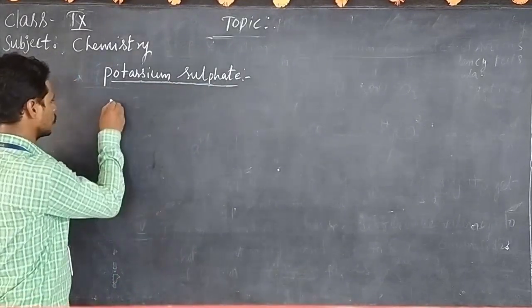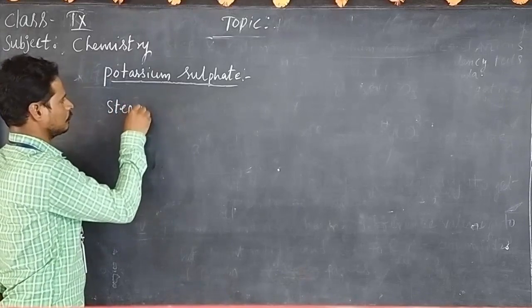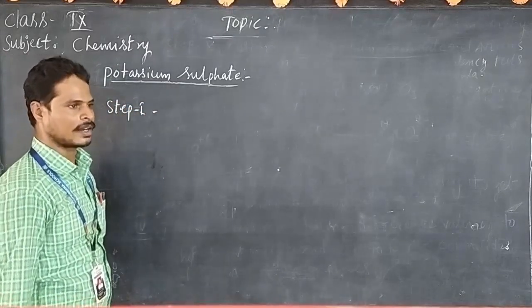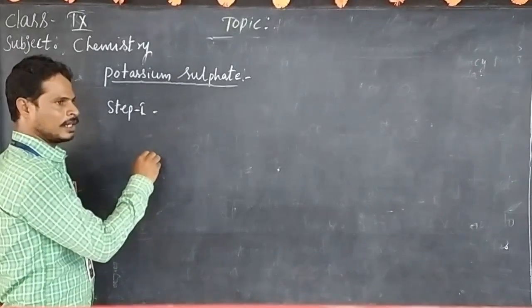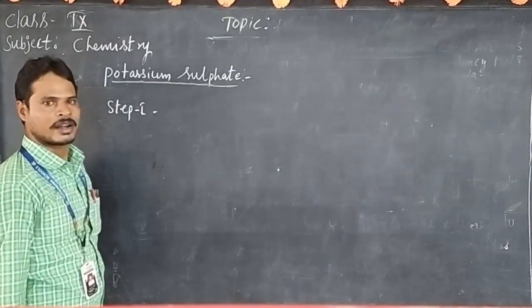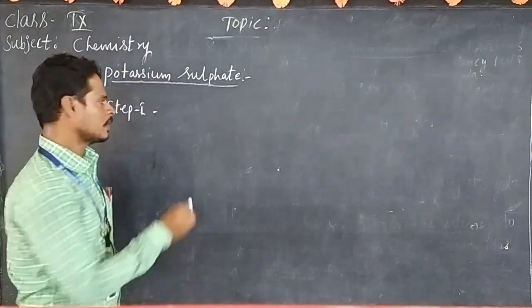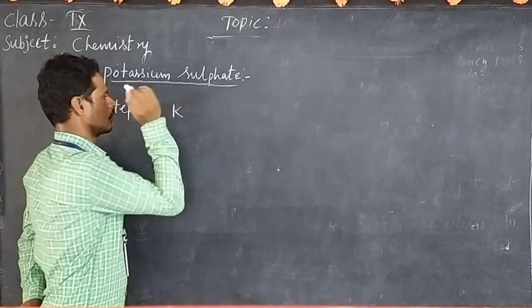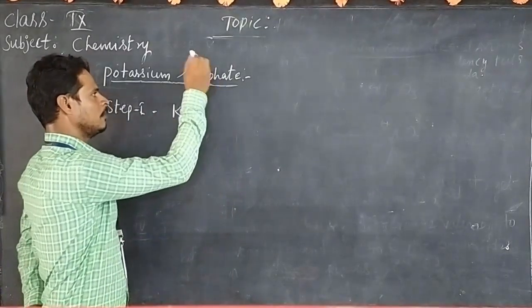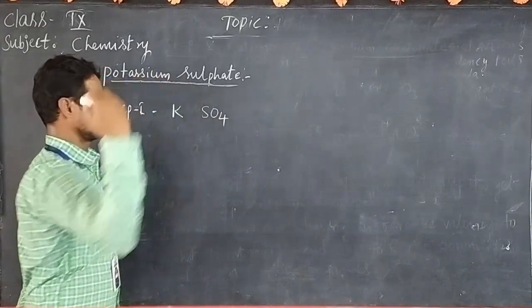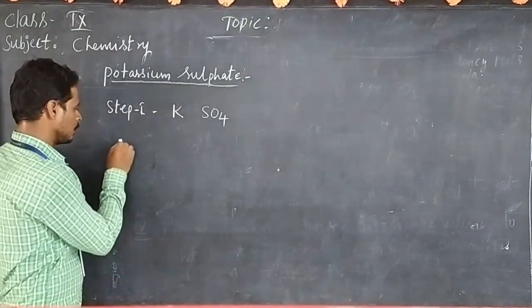Step 1. We know that to write the cation radical on the left side and the anion radical on the right side. So what is the symbol of potassium? K. Next, what is the symbol of sulfate? SO4. Step 1 over. Step 2.